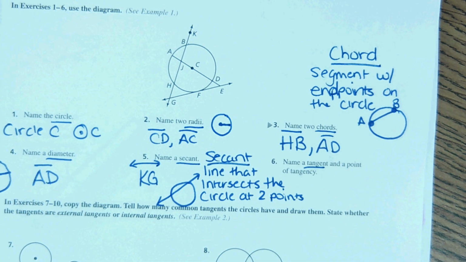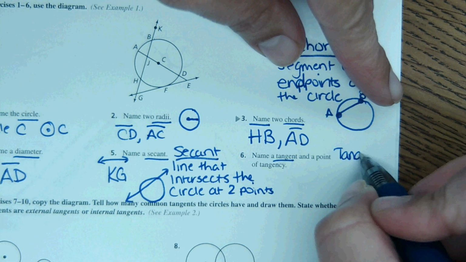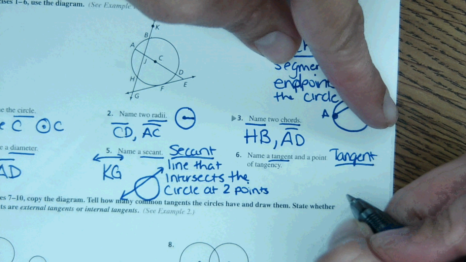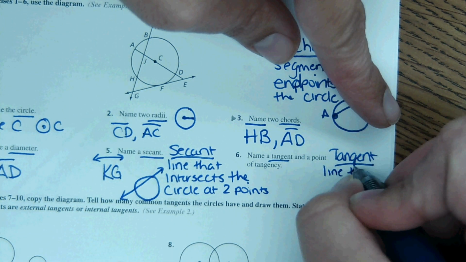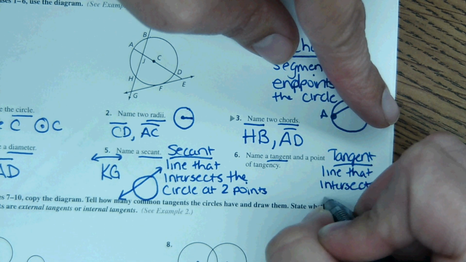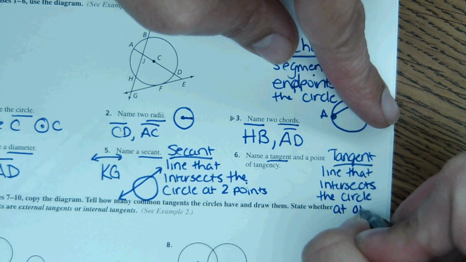And then the last word that's new is tangent. A tangent line intersects the circle at 1 point.